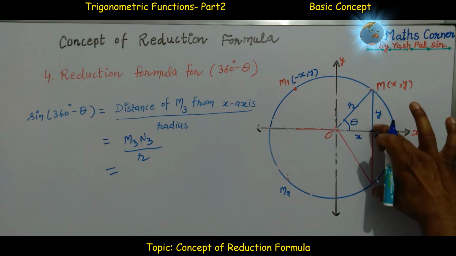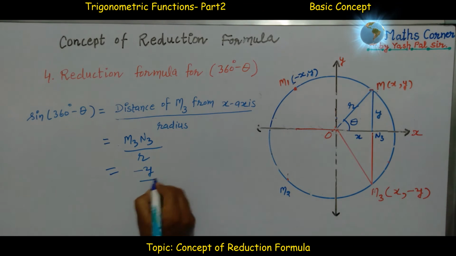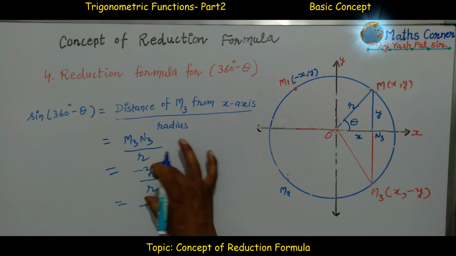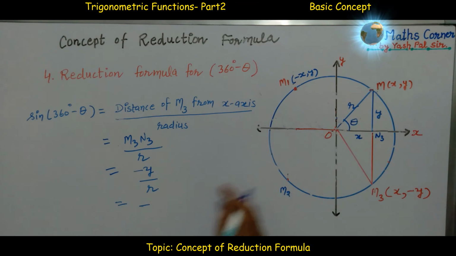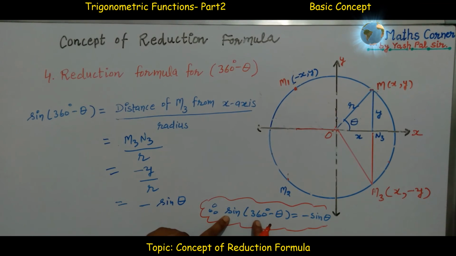This distance y is minus y, divided by r, and this is equal to minus y upon r. From this triangle we have sine theta. So what is the conclusion? Conclusion is sine of 360 degree minus theta is minus sine theta.